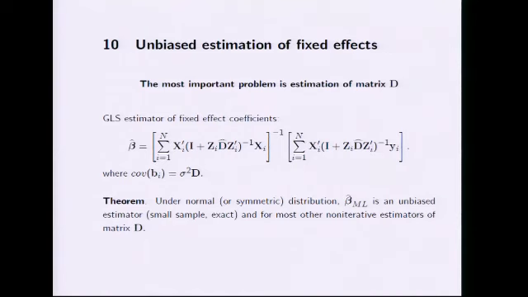So once D is estimated and you have D hat, you use the generalized linear least squares estimator to compute beta hat.